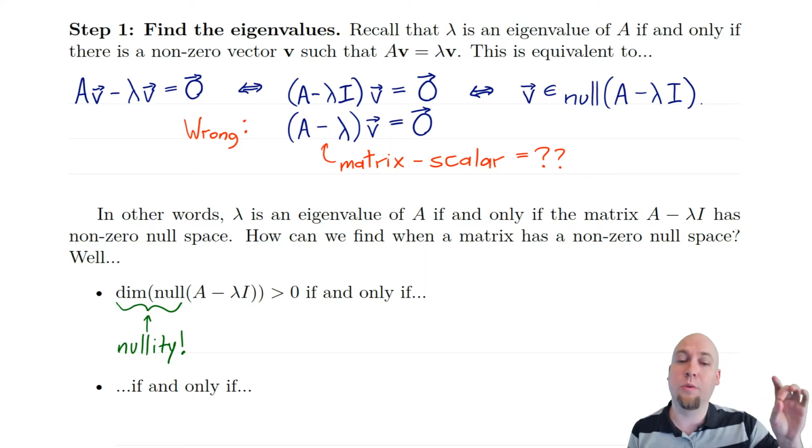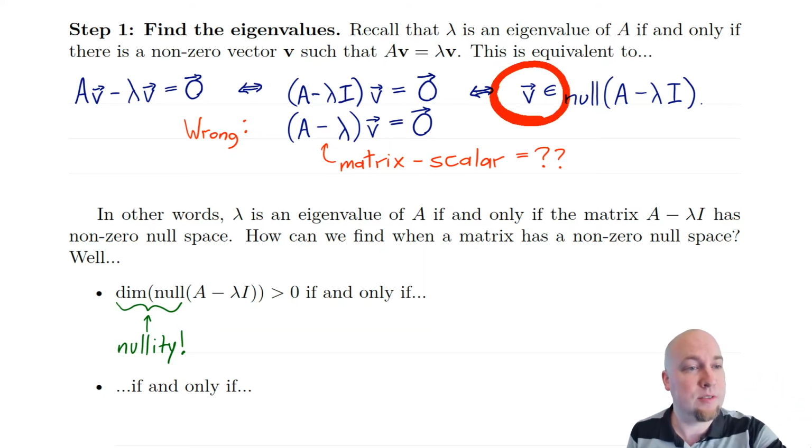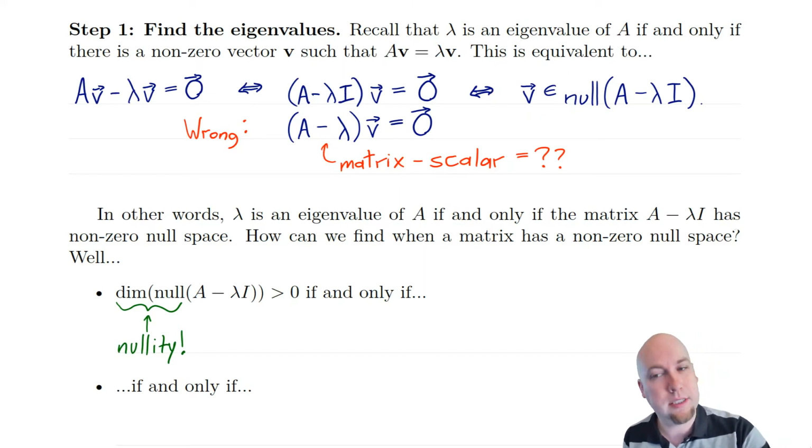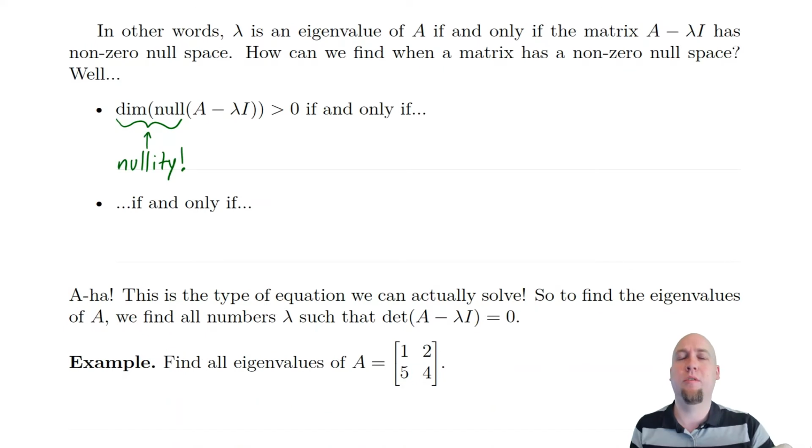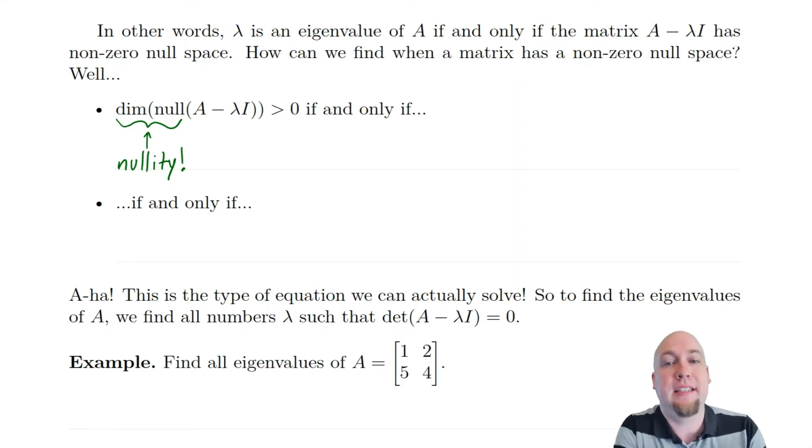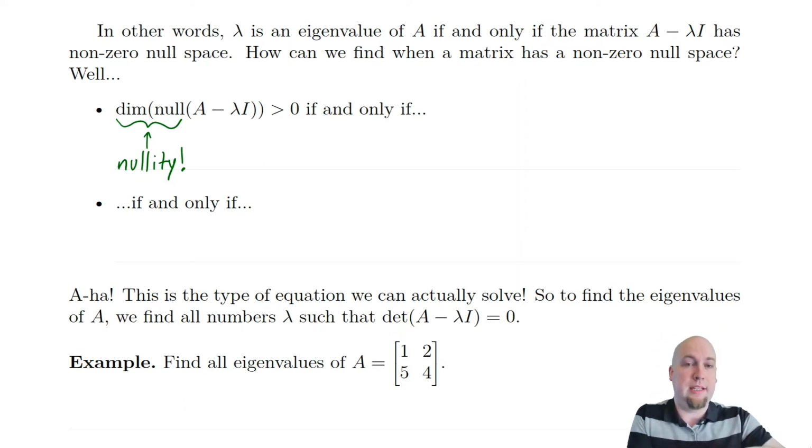In other words, we're trying to find the lambdas that make there exist at least one non-zero vector in the null space. How can we find when there is at least one non-zero vector in the null space? That's exactly the same as saying that the dimension of that null space is bigger than 0, that it's at least one dimensional.